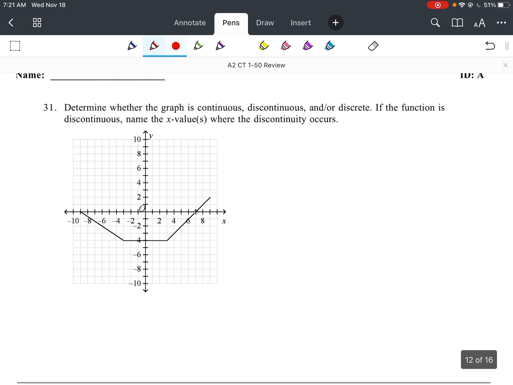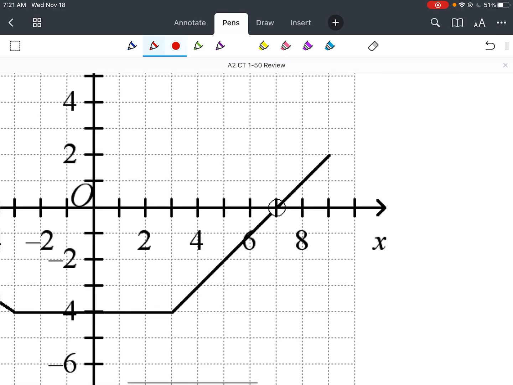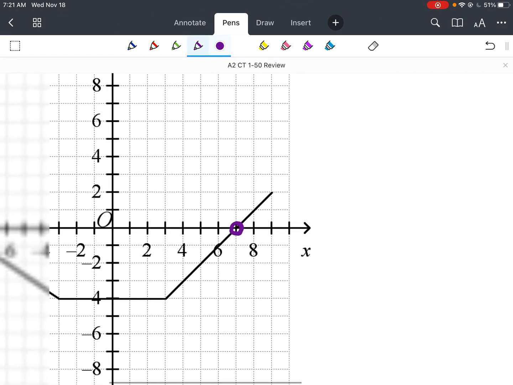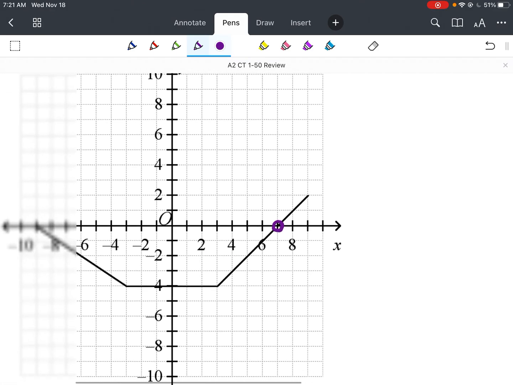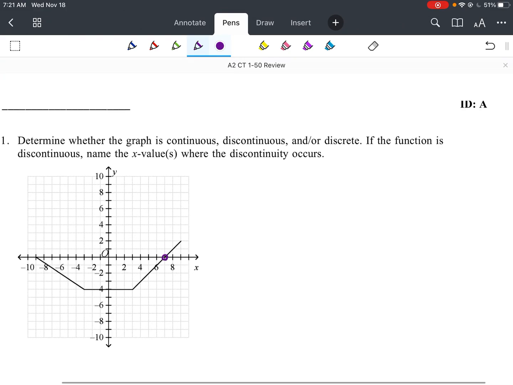All right. Continuous, discontinuous, all those things. If you see this little circle here, it's kind of hard to see, but there's a hole. It's called a hole. And because of that hole there, we say it's discontinuous. It passes the vertical line test, so it is a function.